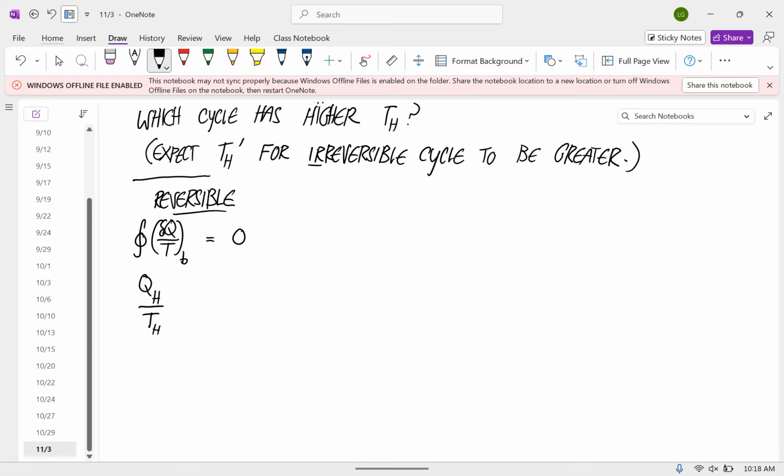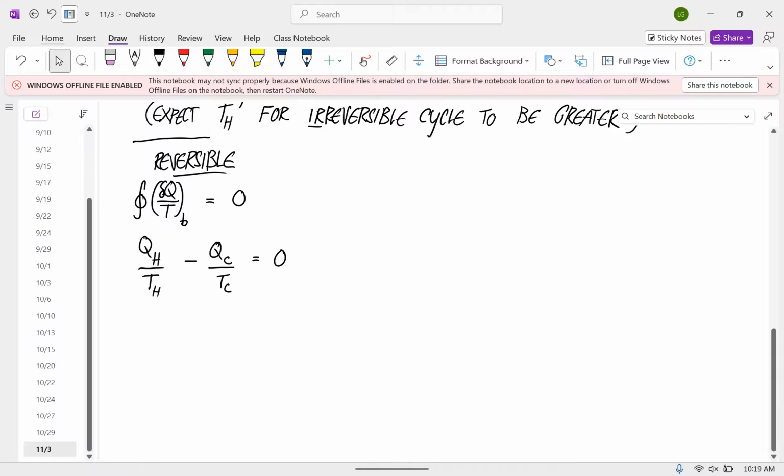And then there's heat going out, so we're going to have negative QC. And what's the temperature where it's going out? TC. And this has to be equal to 0. And so we have QH over TH is equal to QC over TC.